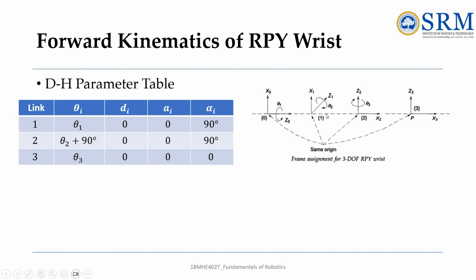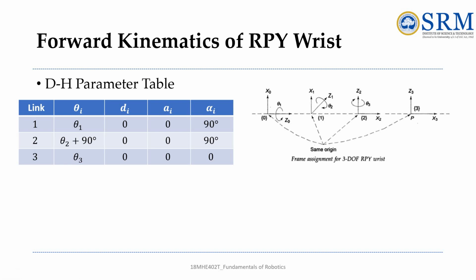Okay, and next link 2. So link 2 here, the angle. Okay, so here we have angle along rotation about the z-axis. The z-axis should be this plane, but it is moving around this plane. So how will you compute the angle? It is theta 2, angle is theta 2 plus 90.